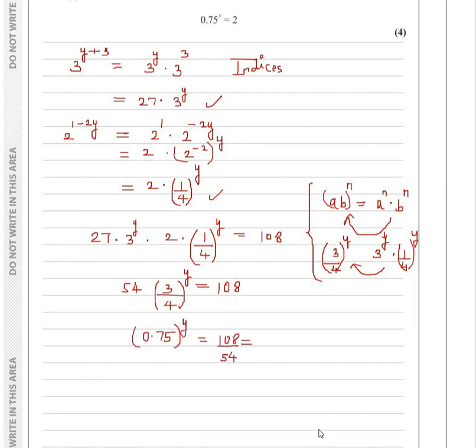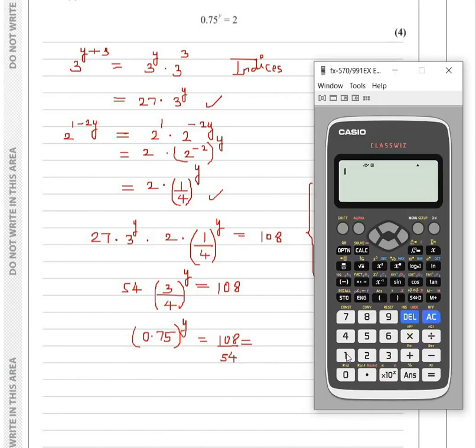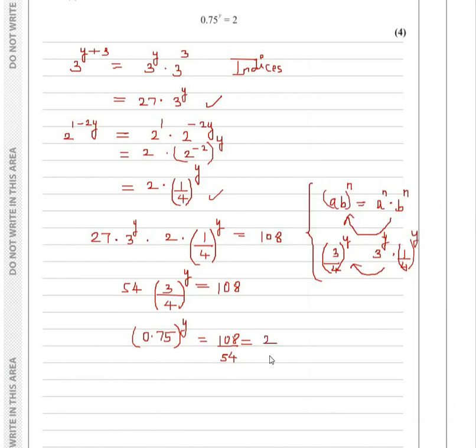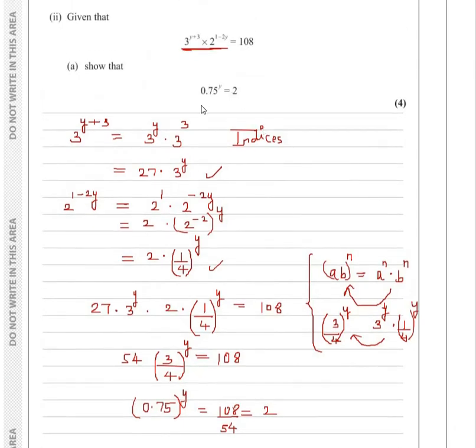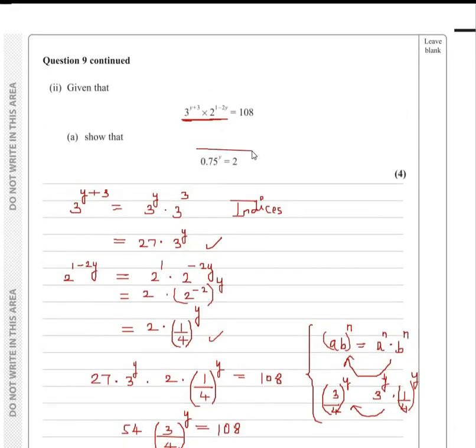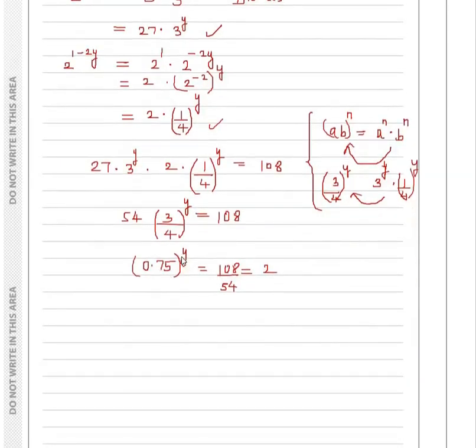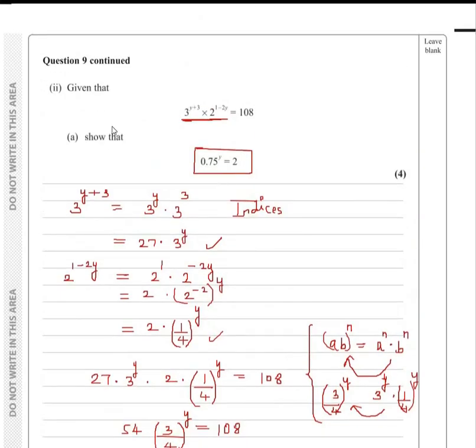So this should give us 108 divided by 54 is 2. So this is equal to 2. Hence we have proved it. They had asked us to show this is equal to 2. We just showed that 0.75 to the power of y is equal to 2. This is the answer for the second part, part A of the question.